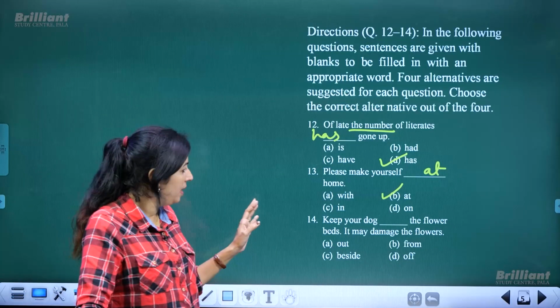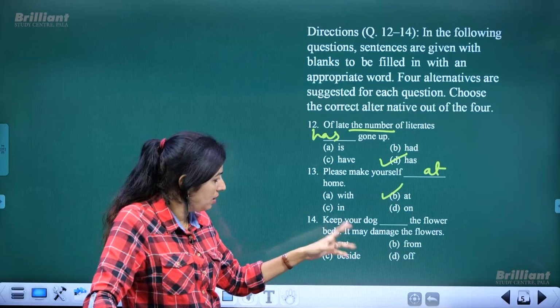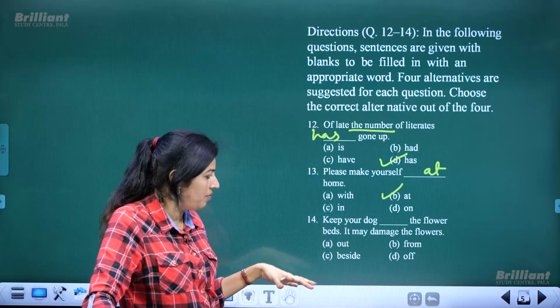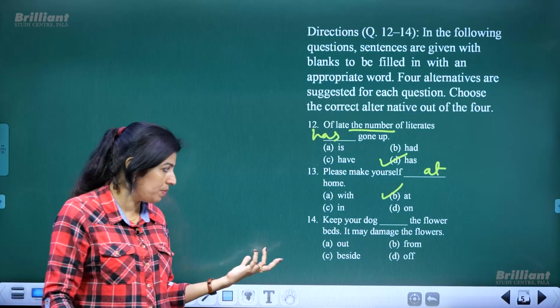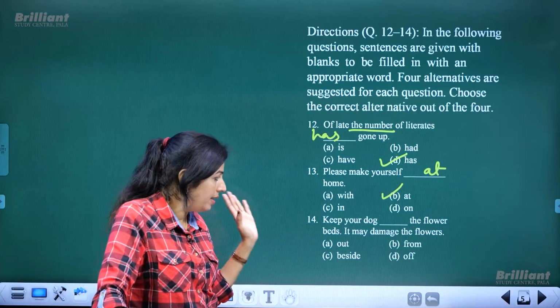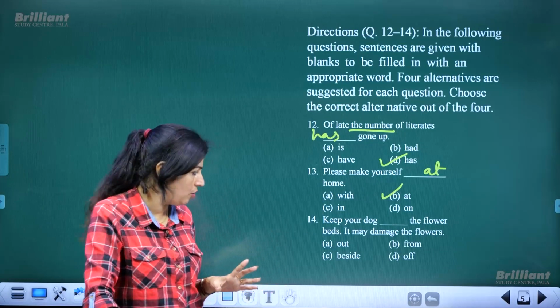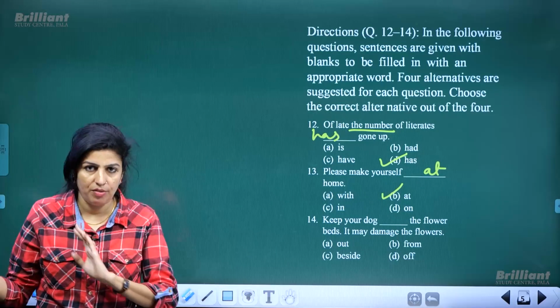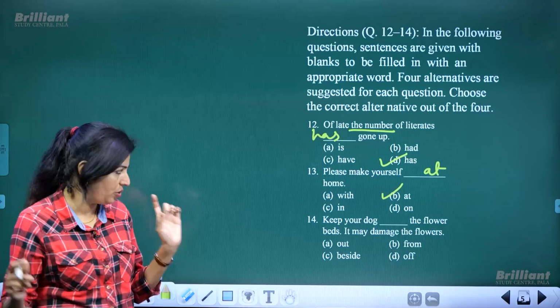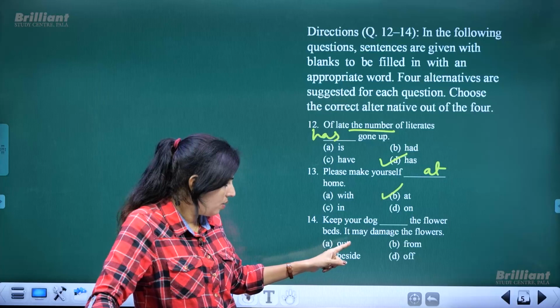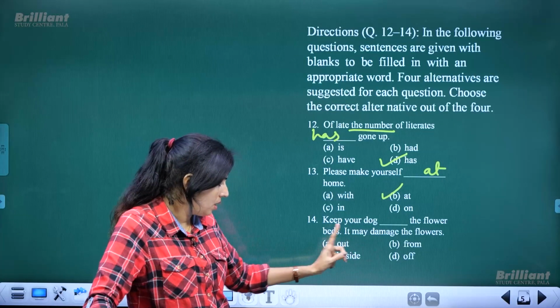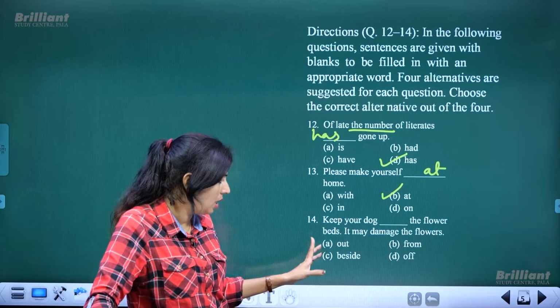Okay. The next is keep your dog, blank the flower beds, it may damage the flowers. Somebody is giving a kind of warning to the person that keep your dog, blank the flower beds. That means you have to keep it away from the flower beds. To convey that meaning, which word is to be used? Keep out or keep from, keep beside, of course not, keep off.